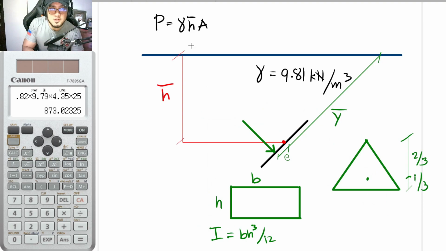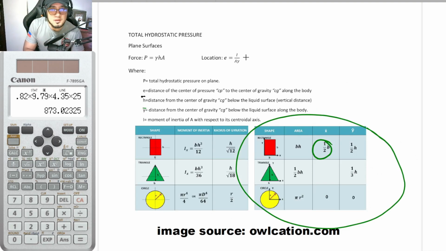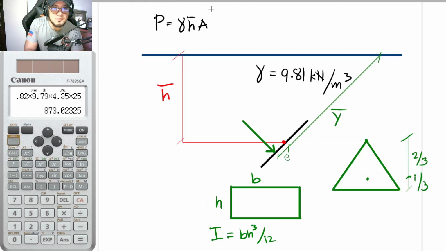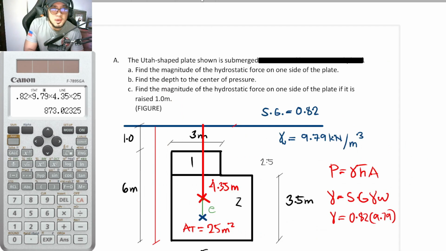And in order for us to solve for eccentricity E, it is given by the equation the moment of inertia divided by the area times bar Y. So the difference once again between bar H and bar Y is that bar H is the vertical distance from the surface up until the centroid of the figure.